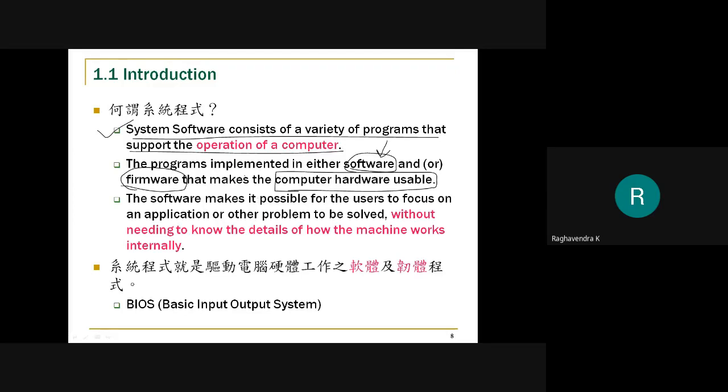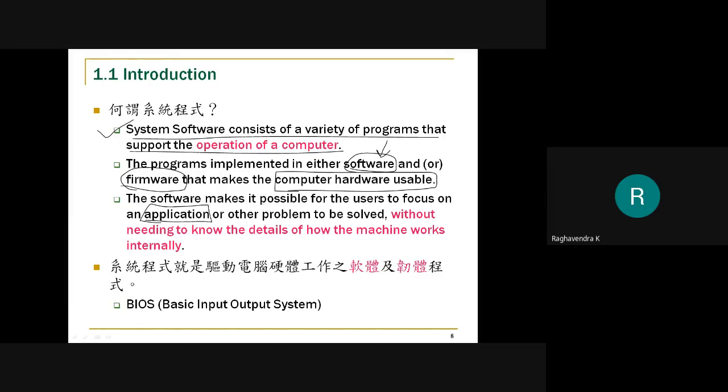When system software takes care of the things at the bottom level, this provides an advantage for the software developers, or whoever develops the application software, because they need not know the internal workings of a machine. They can simply focus on developing their application without bothering about how exactly things work or how exactly you have to handle the computer system.